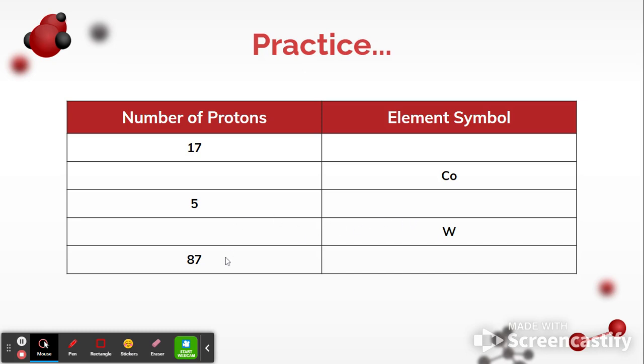The element of an atom that has 87 protons would be francium, or elemental symbol Fr, because the atomic number of francium is 87.